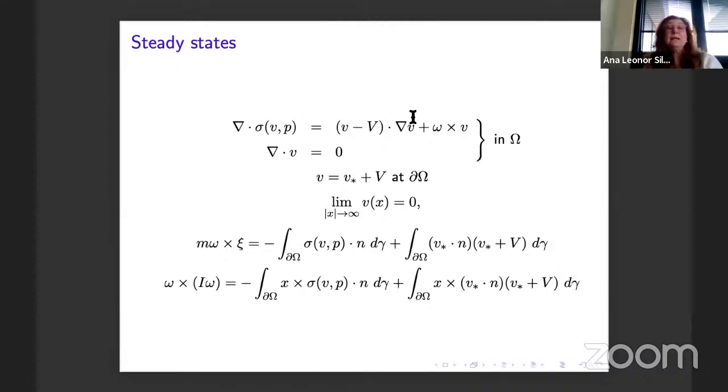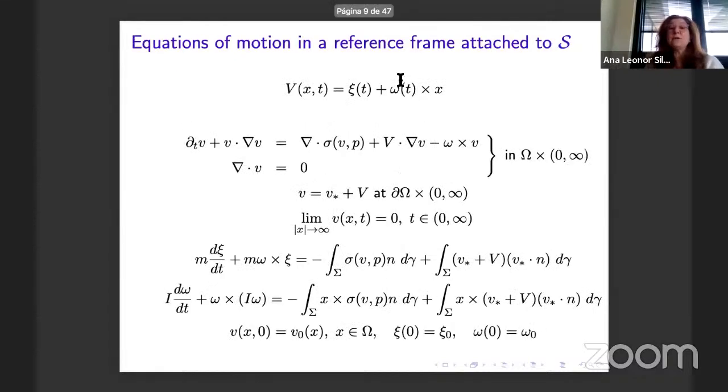Now, in our case, what we are going to consider for the control problem is the steady counterpart of these equations. So what we are going to do is to consider a steady motion described in the reference frame attached to the rigid body. So we are going to assume that the time derivatives are not in the equations.